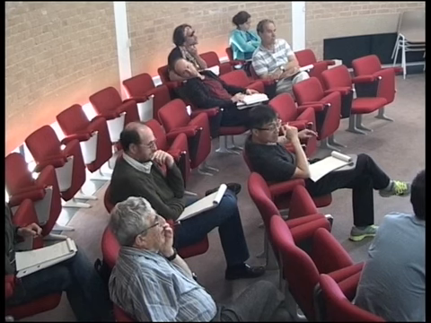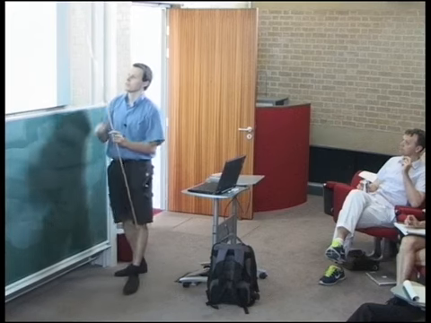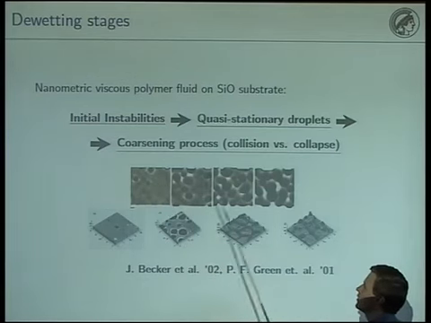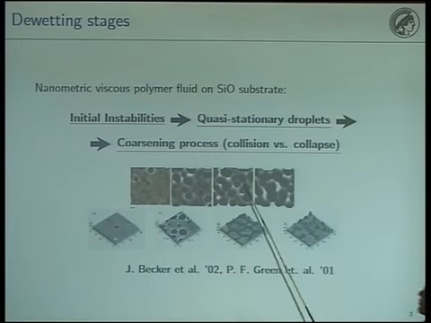So the dewetting of such thin films consists of several stages. As you see in this experiment, you nucleate holes in a thin flat profile. Then they start to grow rapidly, and so-called moving ridges of film form. And then relatively quickly, these ridges form droplets, like you can see in the second experimental picture.